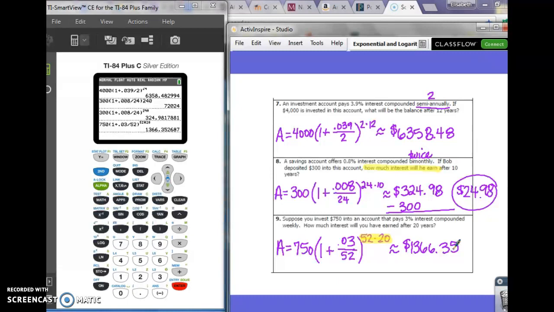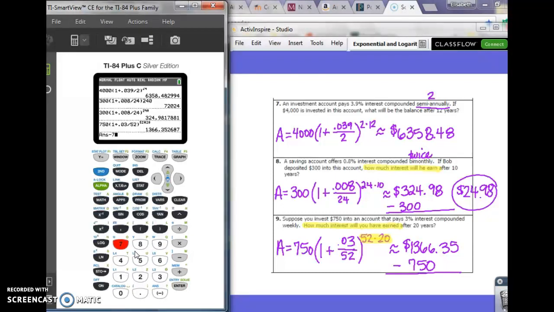But again, the question asks how much interest will you have earned after 20 years. It doesn't ask how much is in the account, but how much interest will you have earned. So that means you're going to subtract off the original investment, and I can do that over here in my calculator.